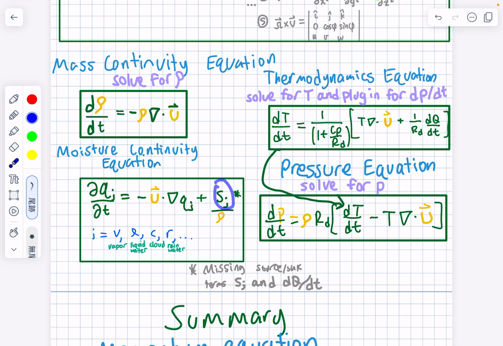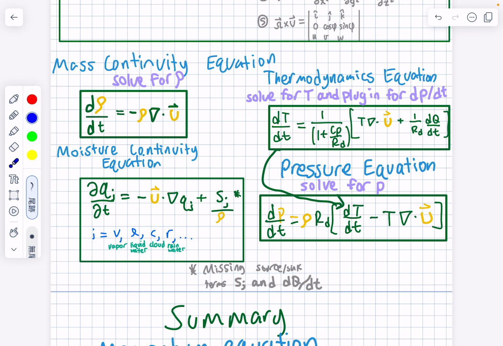This source sink term includes all the phase changes like condensation, evaporation, precipitation. It basically explains how Q moves between these. So Q could go from V to L. You'd have an equation for V and an equation for L, but the equation for L would include a term for V and C and R and how those interchange between all the water vapor equations.